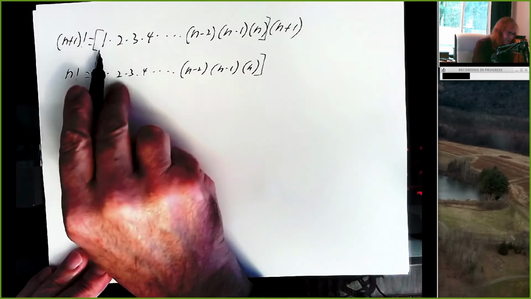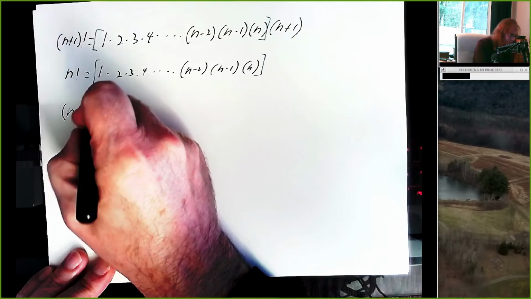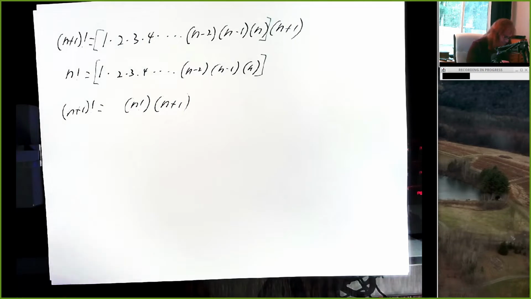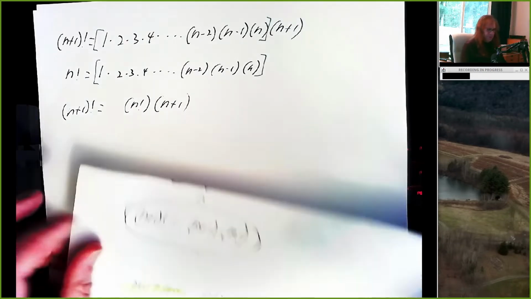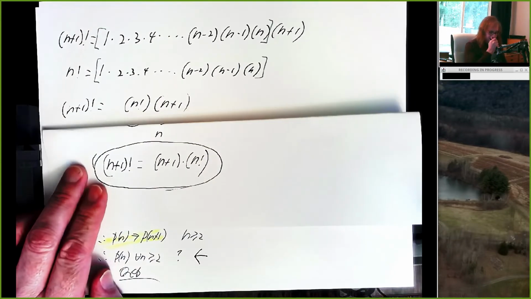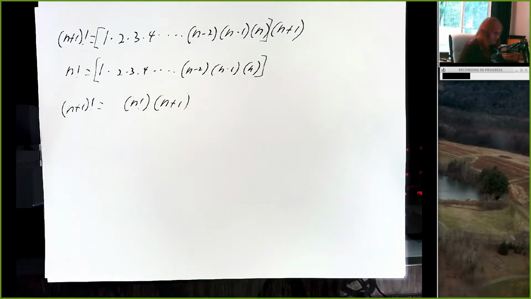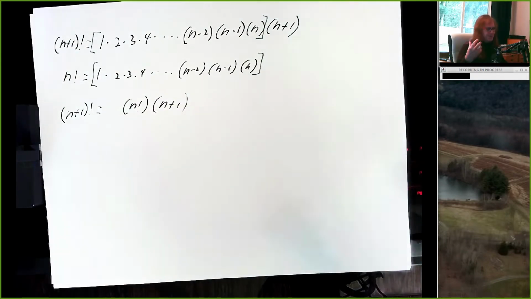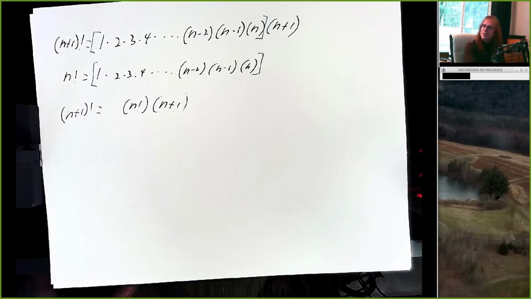And so if I rewrite all of this as just n!, that tells me (n+1)! is n! times (n+1), which is the same thing I wrote, just with these in the opposite order. And that's how most of these things work: if you write out explicitly what a factorial is, sometimes you can find some part of that you can express as a different factorial. And that's what's going on in here.